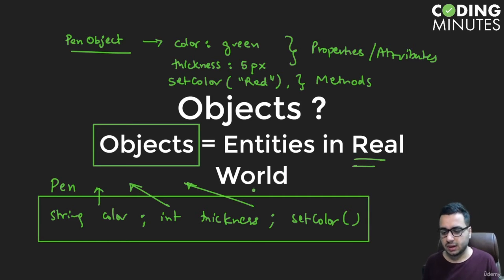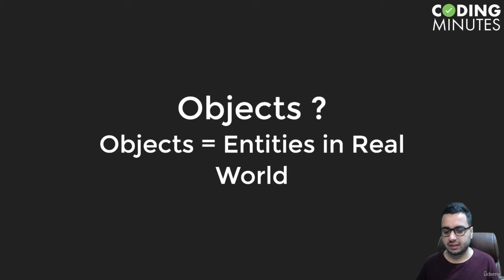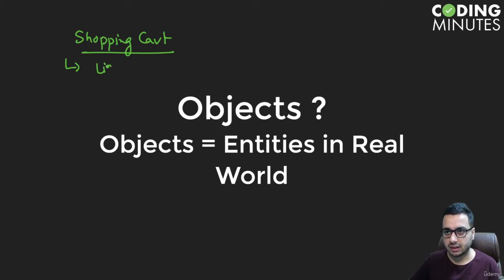Let me give you another example. Let's say you are making an online shopping system and you want to implement the functionality for a shopping cart. This shopping cart would also have certain attributes. Maybe it would have a list of items that you want to buy.